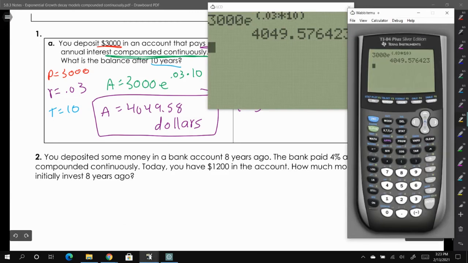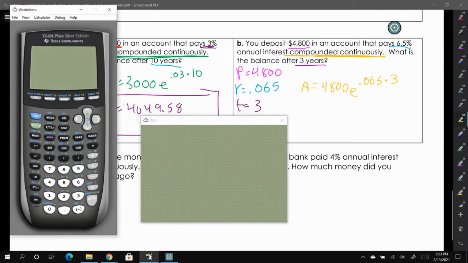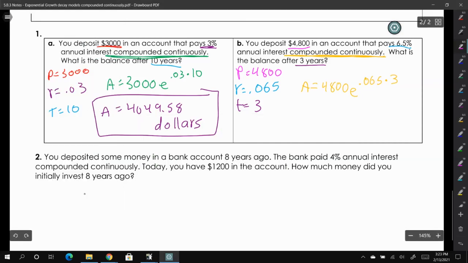So I'll type this into the calculator again so you can see how it's done. 4,800, then second, and this ln button, which is to the left of the 4, and then 0.065 times 3. And we get $5,833.49. So A equals $5,833.49.